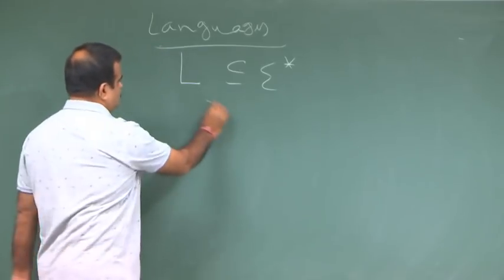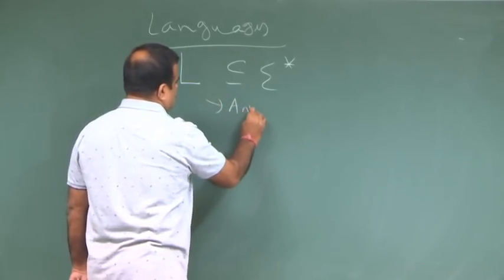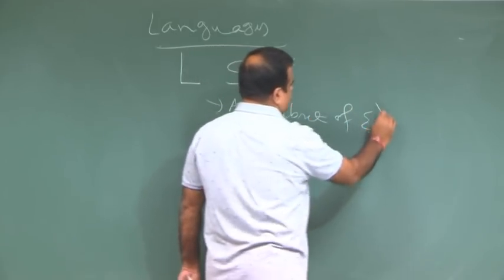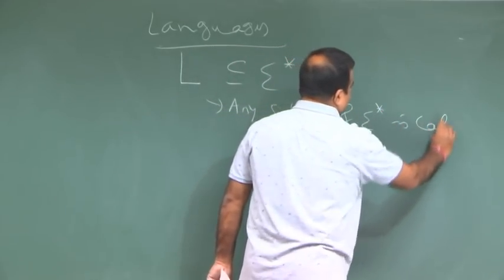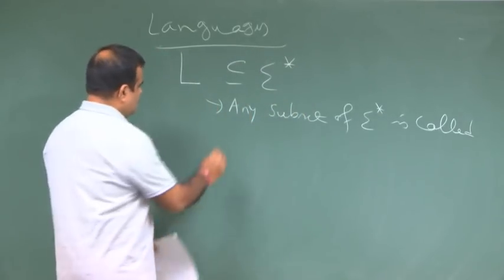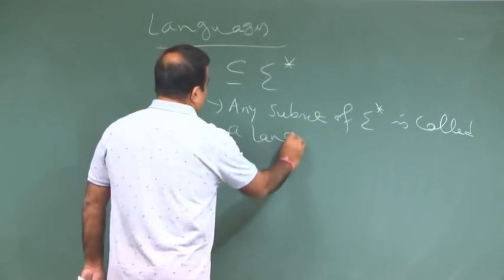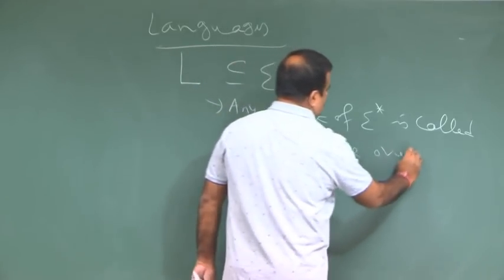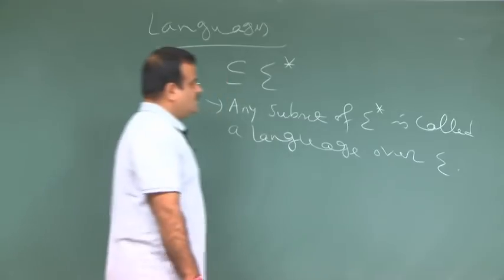Any subset of sigma star is called a language over sigma, over the input alphabet sigma.